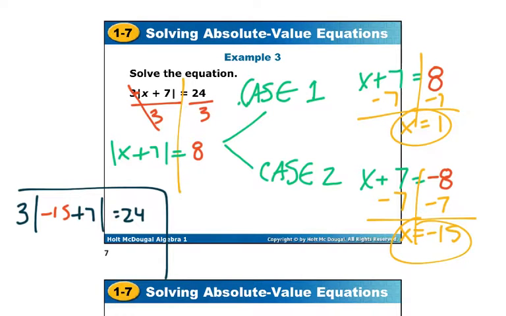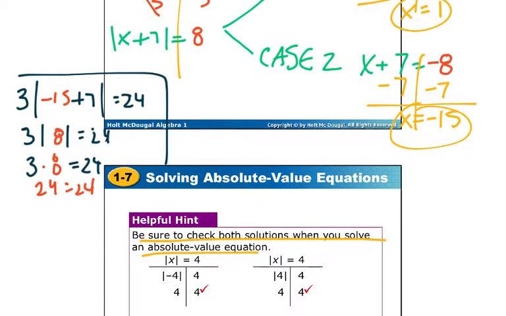So we take negative 15 plus 7 and we get negative 8. And 8 itself is going to be absolute value, and that's just 8 again. And 3 times 8 ends up being 24, and of course 24 is 24, so hey, it worked.